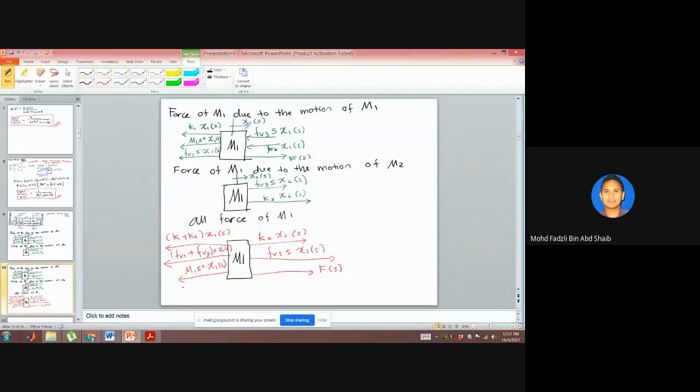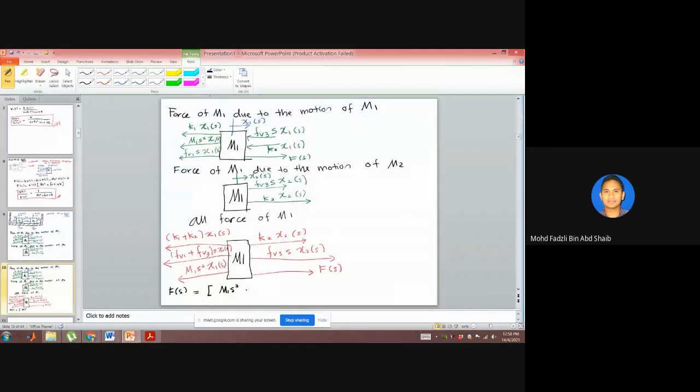So now the total equation for M1 is, okay, Fs equal M1 s square. We collect one side and one side. The X1 and X2 we separate it.